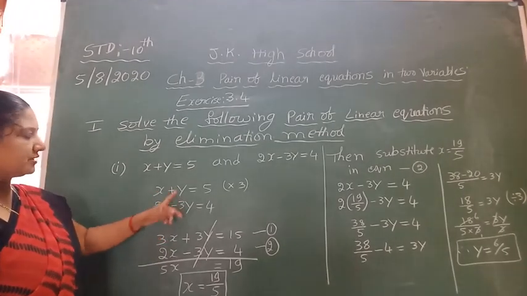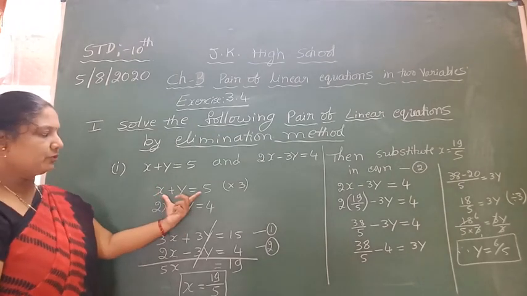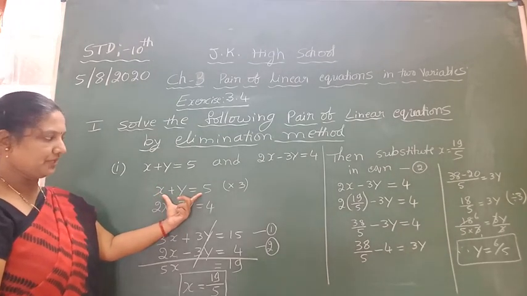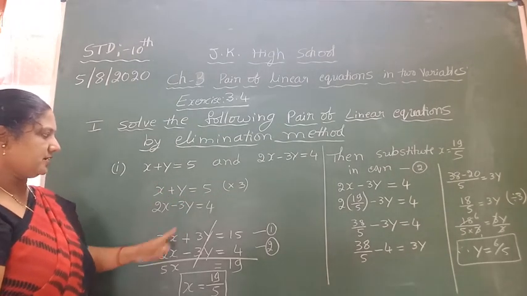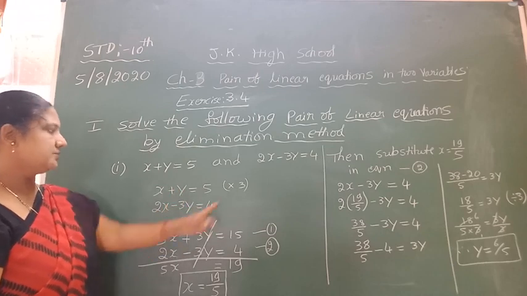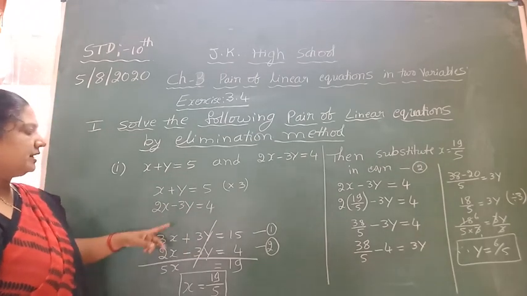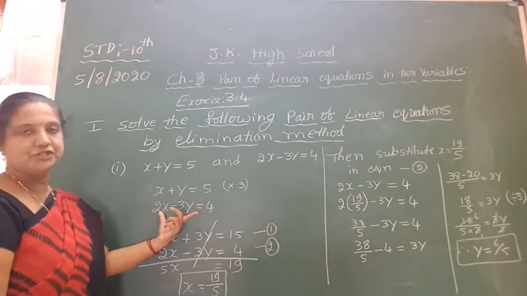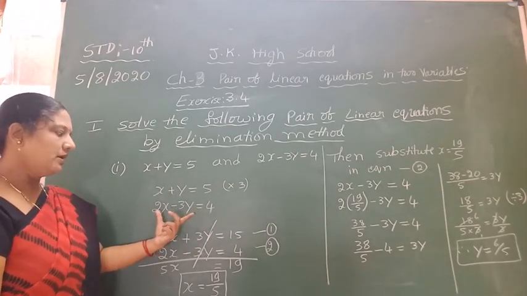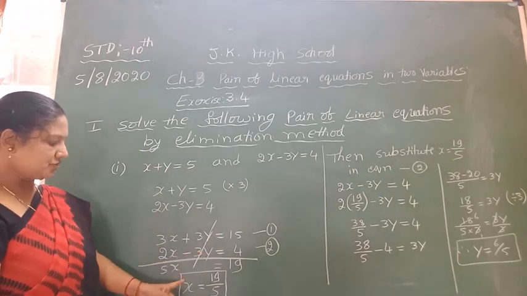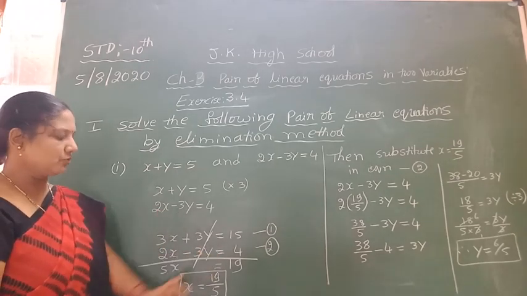I have multiplied only one of the linear equations. 3 into x, 3x, plus into plus plus, 3 into y, 3y, 3 fives are 15. Then the other, as it is, you don't change. You can multiply by 1 also, but you don't change. So 2x minus 3y is equal to 4.